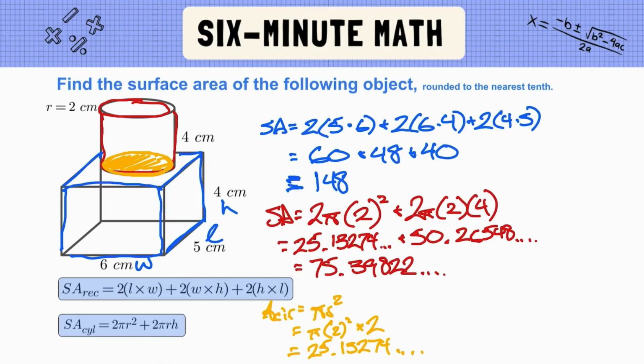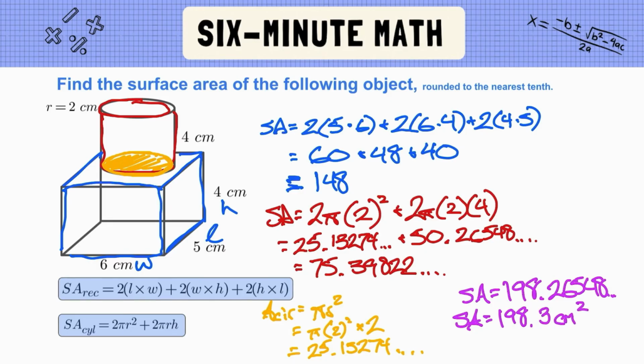So I add all those up, 148 plus 75.39822 minus 25.13274, and my total surface area is going to equal 198.26548. I'm going to round that to the nearest tenth. So my surface area is 198.3 centimeters squared.